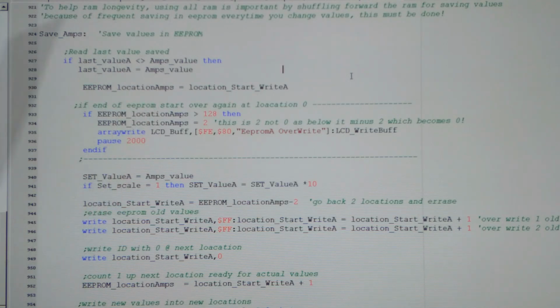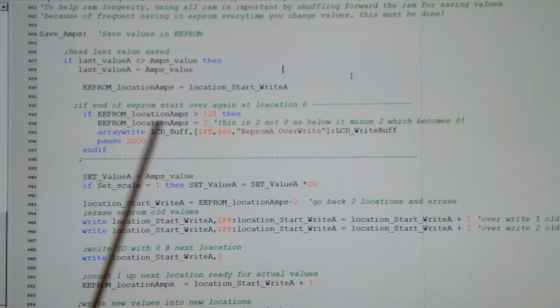So we need to know where the location is for the next locations on the EEPROM to write. We're going to go through a for loop here. Actually, sorry, that's not a for loop, it's an if statement. If end of EEPROM start, okay, so I've reached the end 128 location, then start again at location 0.